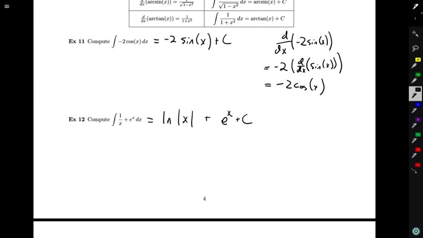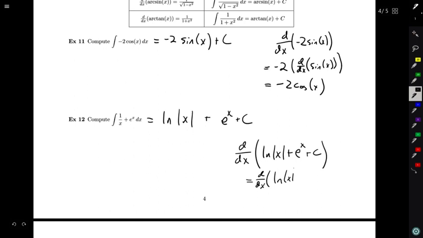And this is because if I were to use the corresponding derivative rule, d dx of natural log of the absolute value of x plus e to the x plus any constant, the derivative applies to each piece of the sum. So this is d dx of natural log of absolute value of x plus d dx of e to the x plus d dx of the constant.